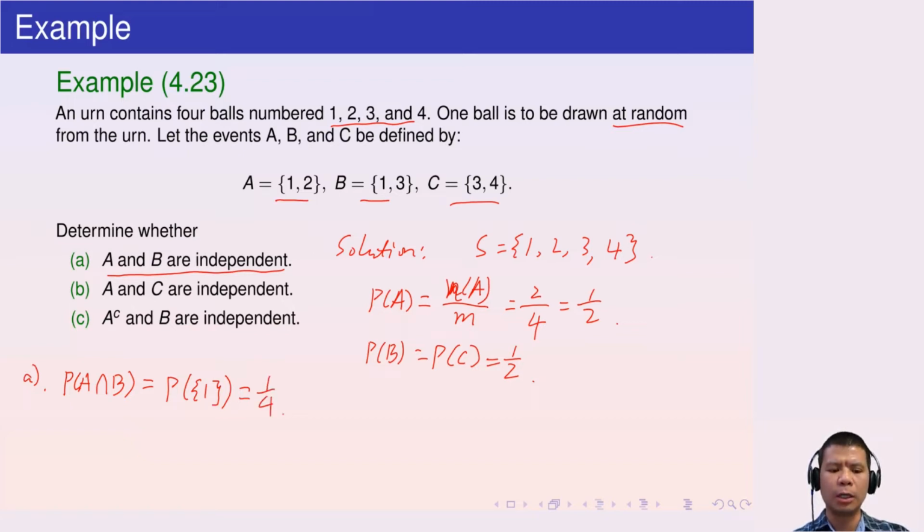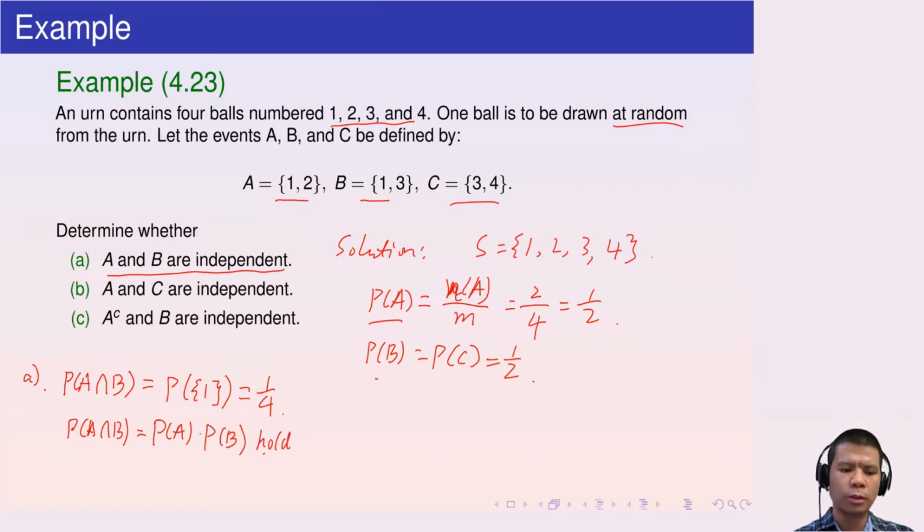The probability of the intersection is 1/4. Now, do we have this equation? The probability of A is 1/2 and the probability of B is 1/2, so the product is 1/4. It seems like this equation holds. Hence, A and B are independent.